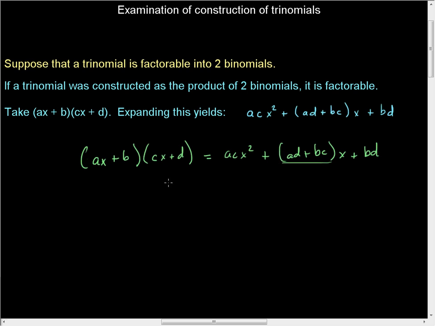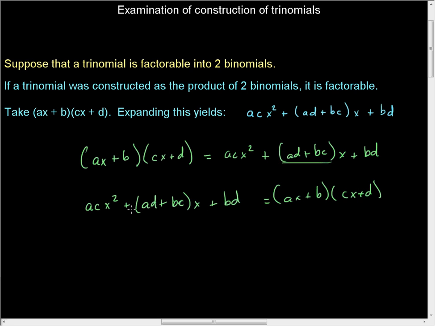All right, so now the symmetric property of equality says you can simply reverse these. And so that's ACx squared plus quantity AD plus BC x plus BD, is equal to (ax plus b)(cx plus d).